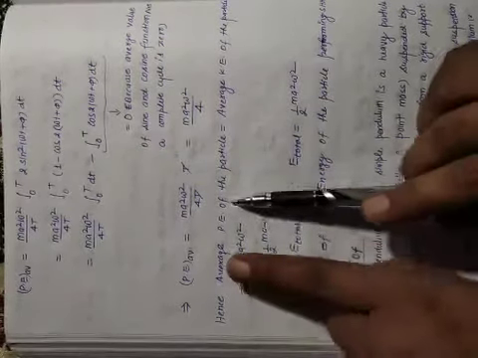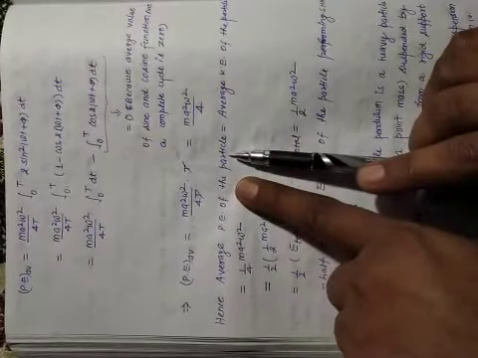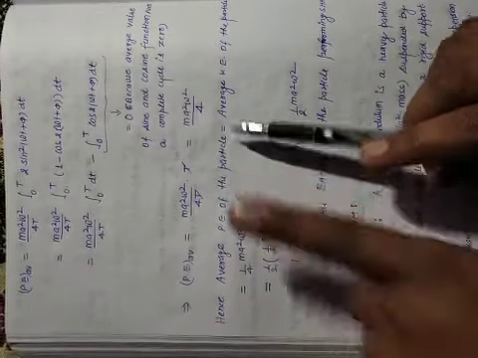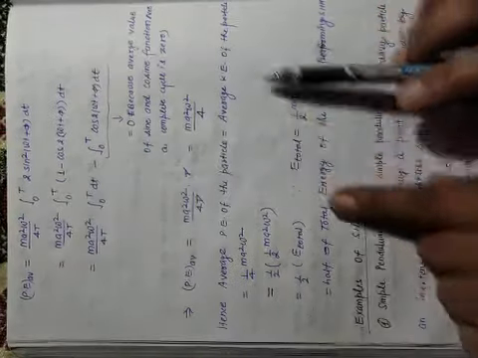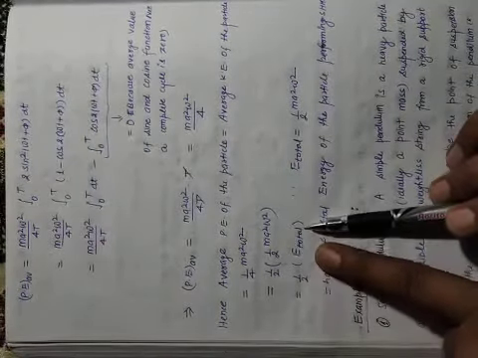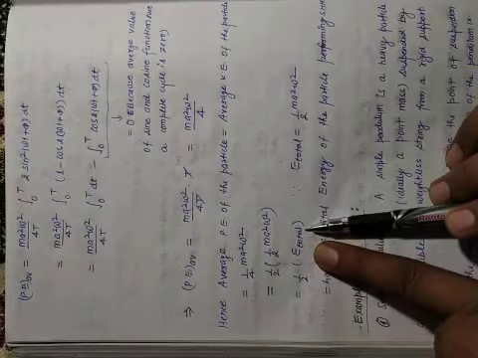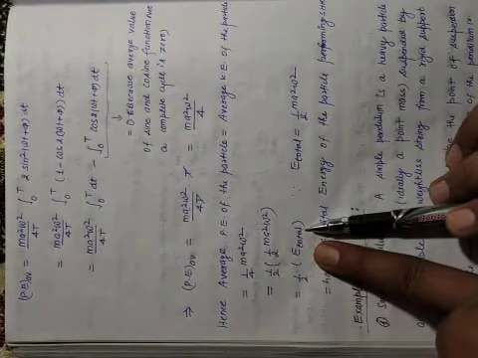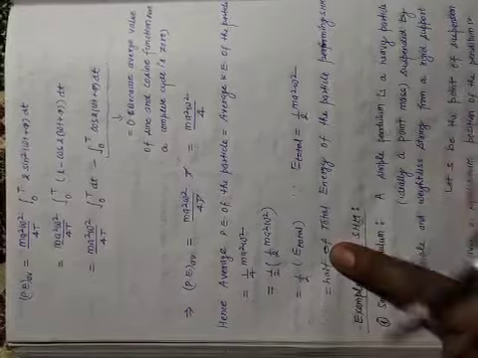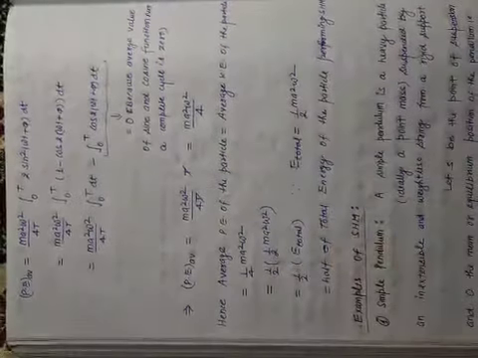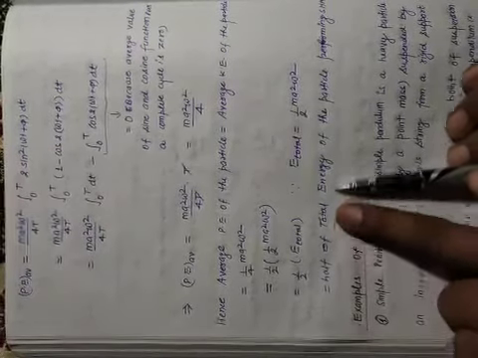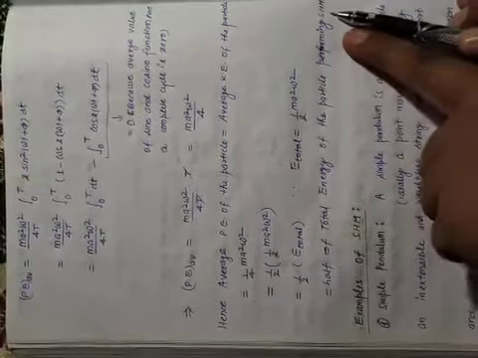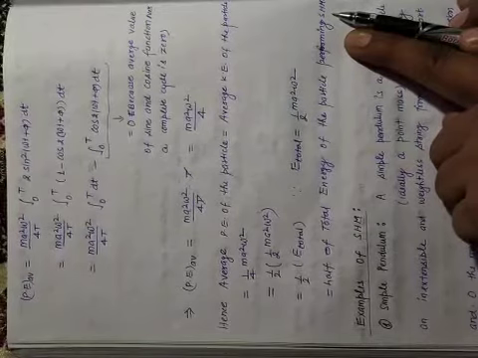You can say that the average potential energy or the average kinetic energy of a particle performing SHM is half of the total energy of that particle, that harmonic oscillator performing SHM.